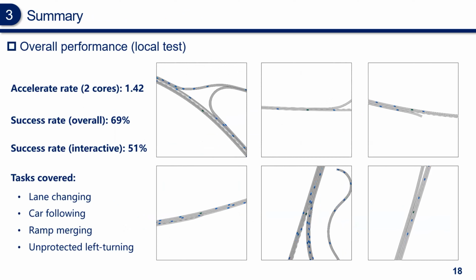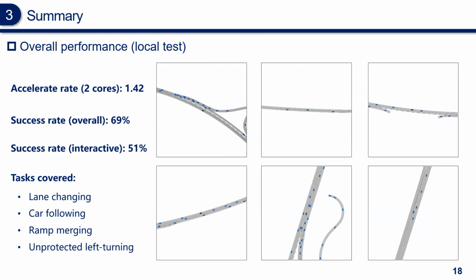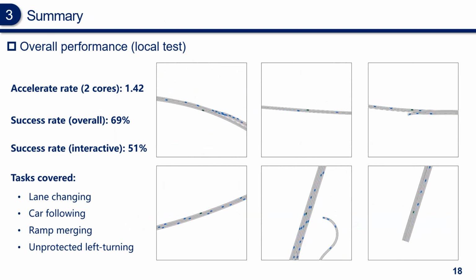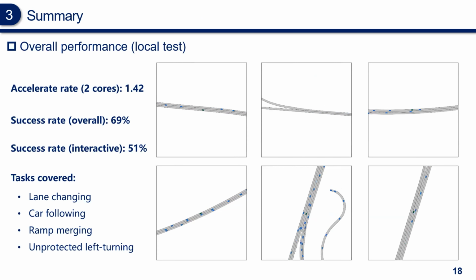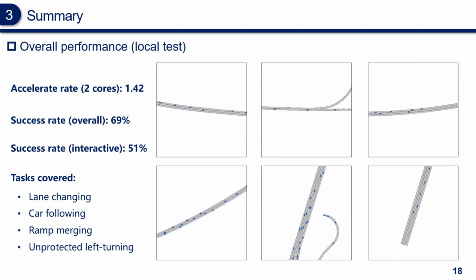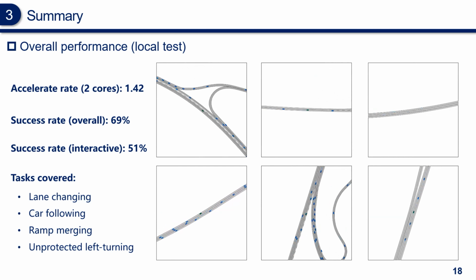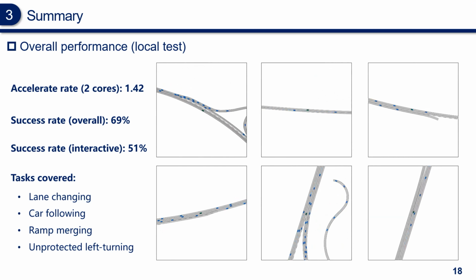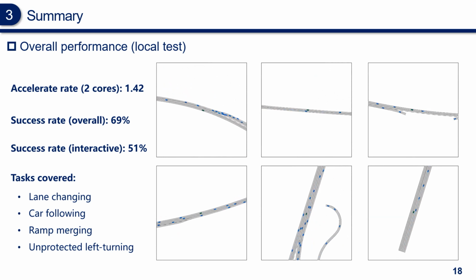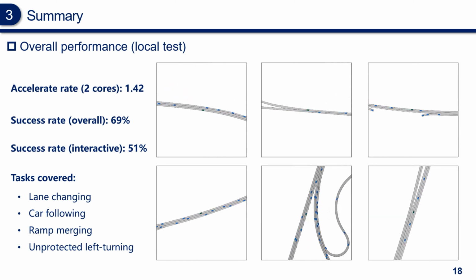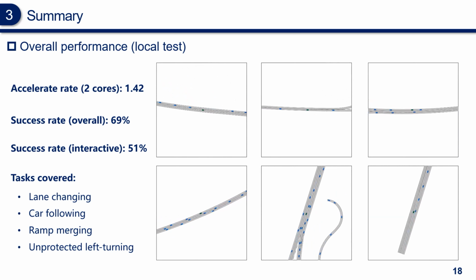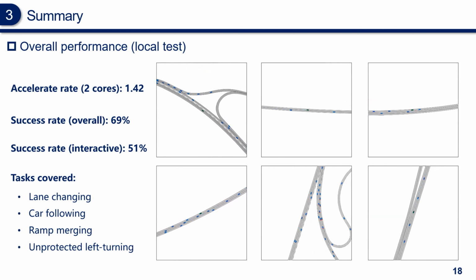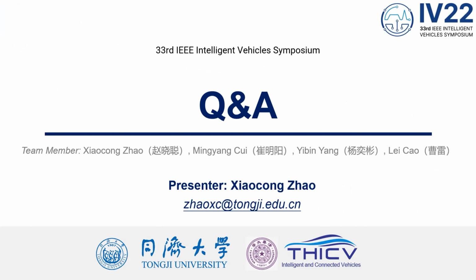And the planner can be implemented in real time, and it succeeded in more than half of the examples in the local test, conducting tasks including lane changing, car following, on and off ramps, unprotected left turns, etc. And as Leon just mentioned, the game-theoretic model is not always a good thing for the planner. Sometimes it works badly in non-interactive scenarios, or in scenarios where only a little traffic is around. Thanks. That's all for my presentation.